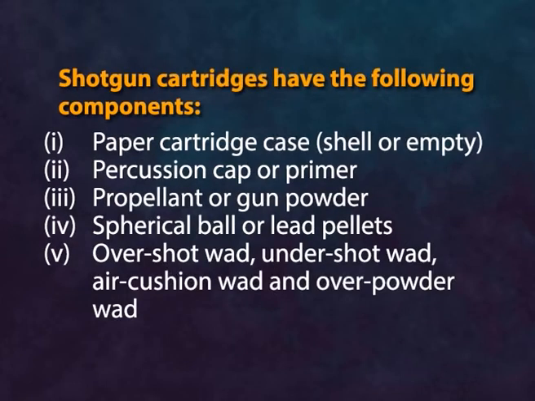Shotgun cartridges have components such as the paper cartridge case, which can be shell or empty, percussion cap or primer, propellant or gunpowder, spherical ball or lead pellets, overshot wad, undershot wad, air cushion wad, and over powder wad.